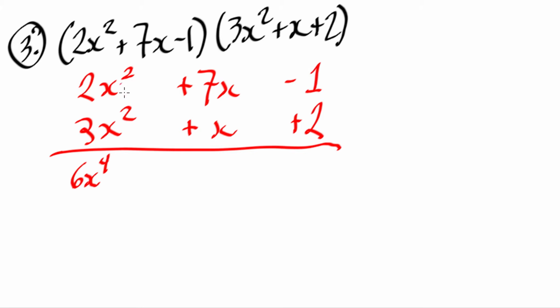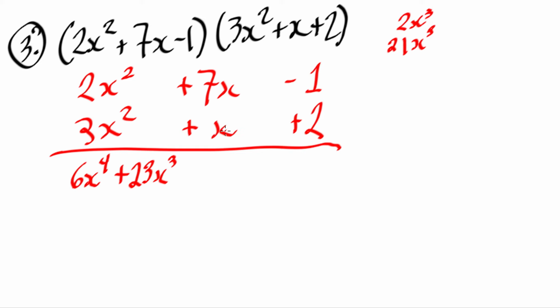We're going to cross 2x squared times x, which gives us 2x cubed, and then 7x times 3x squared, which gives us 21x cubed. So combine them: 21 plus 2 is going to give us 23x cubed.